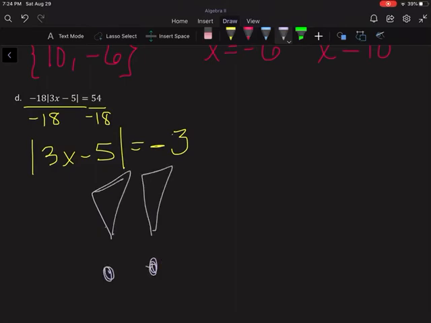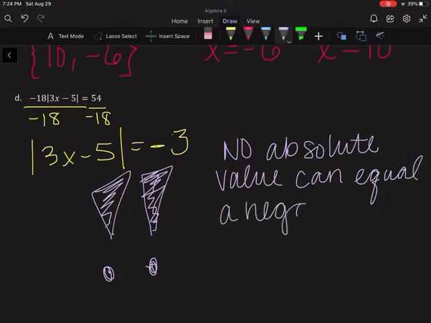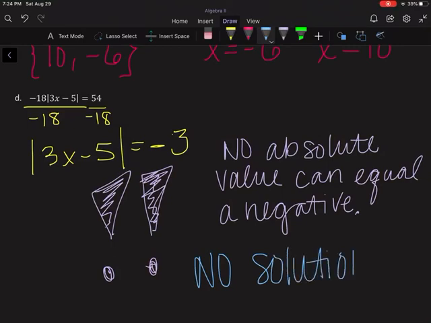So off the bat, exclamation mark, no absolute value can equal a negative. Because essentially, an absolute value is telling you the distance a number is away from 0. So distance is never really negative. So the answer to this would be no solution.